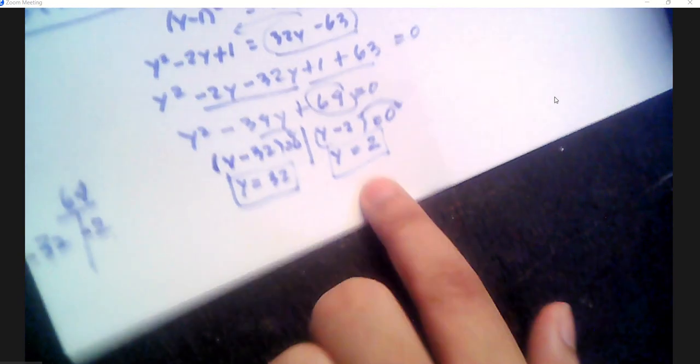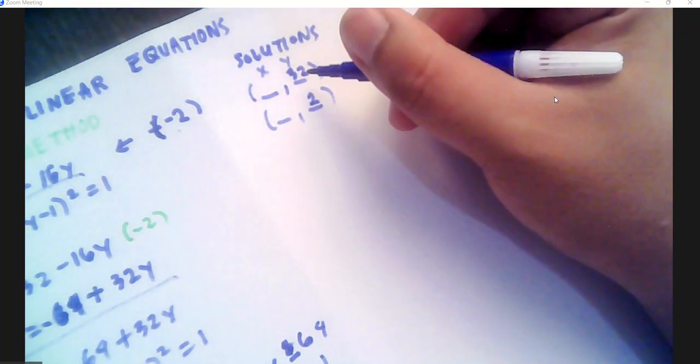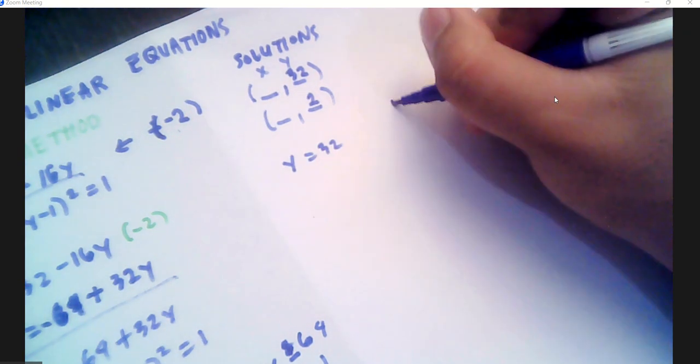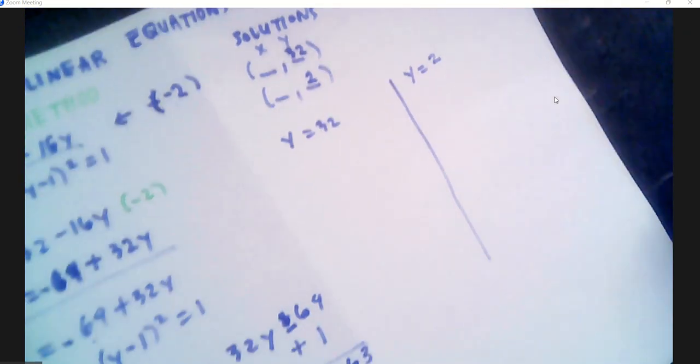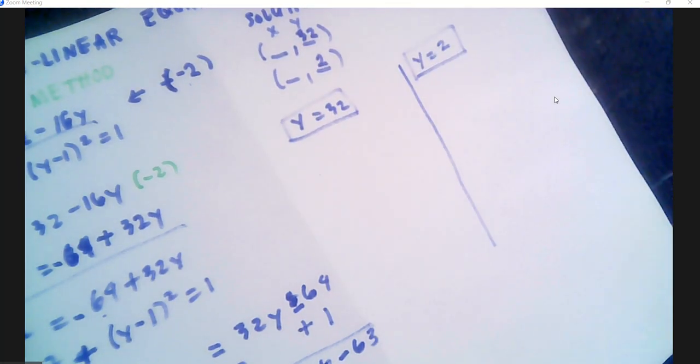Okay, y is 32 and 2 rather. So we're going to find the value of x. Let us find the value of x. Let us use y is equal to 32 and the other one is y is equal to 2. Both are positive. Let me use another ink because the other one is running out.